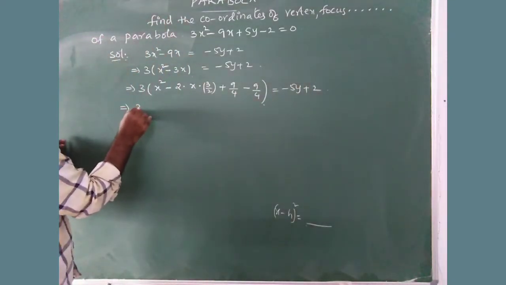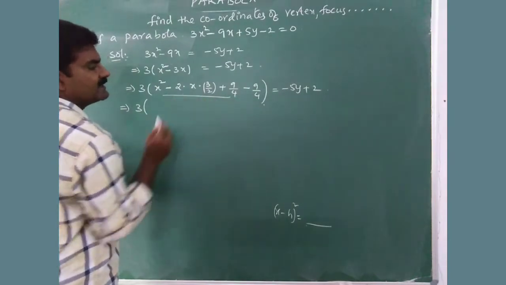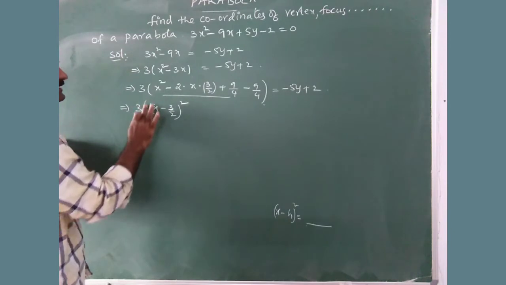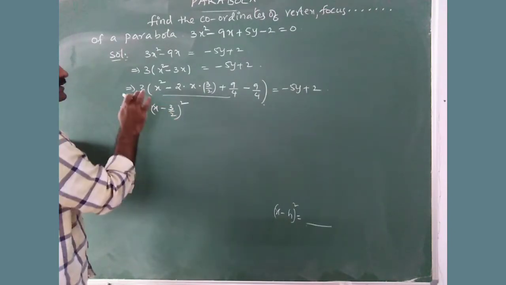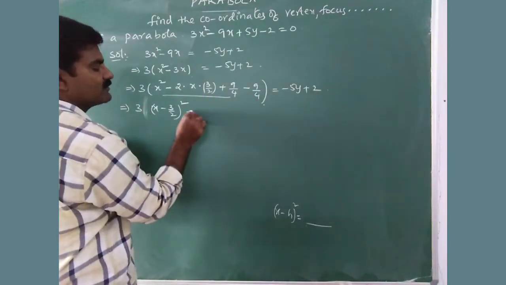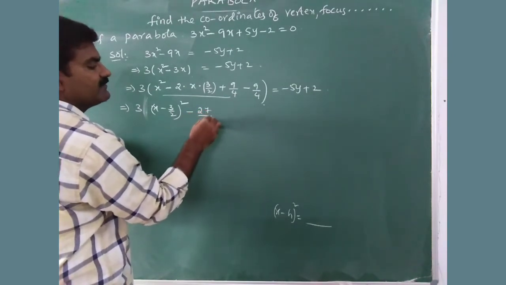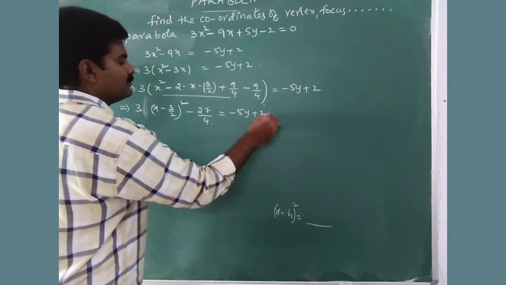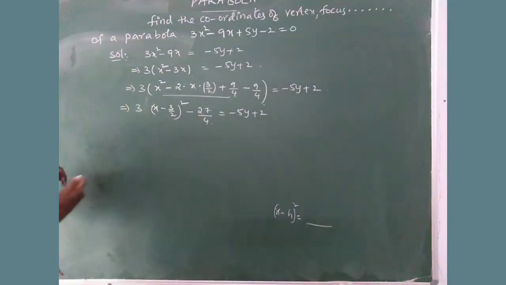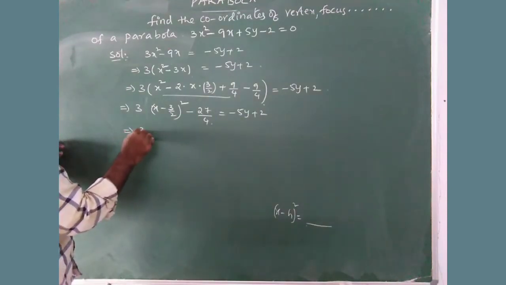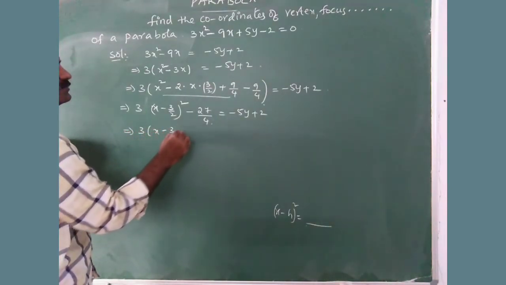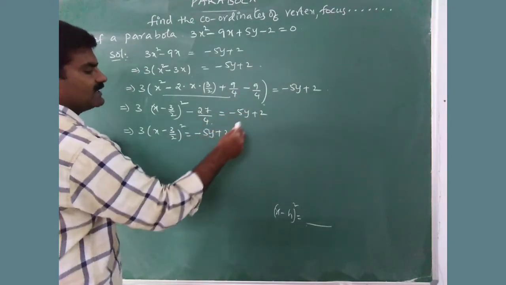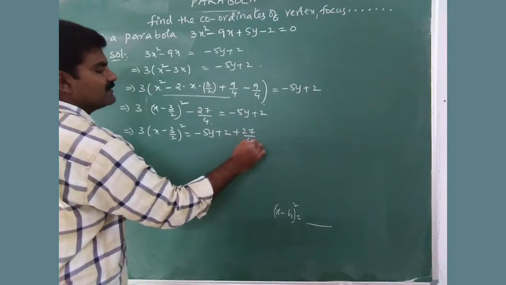So now you see my dear, until here I can write it as 3 into x minus 3 by 2 whole square, but still 3 into minus 9 by 4, which is minus 27 by 4, which is equal to minus 5y plus 2. Right. So this is 3 into x minus 3 by 2 whole square is equal to, let us send this one to that side, plus 27 by 4.